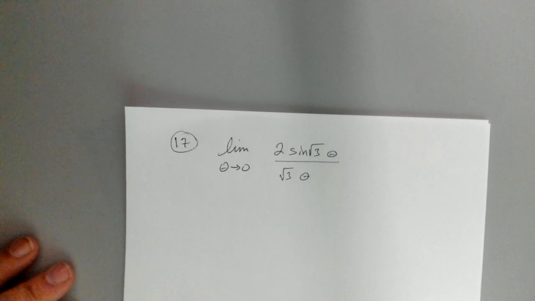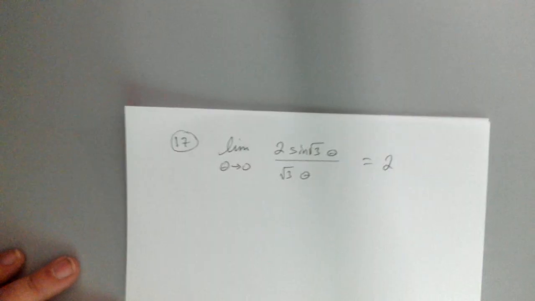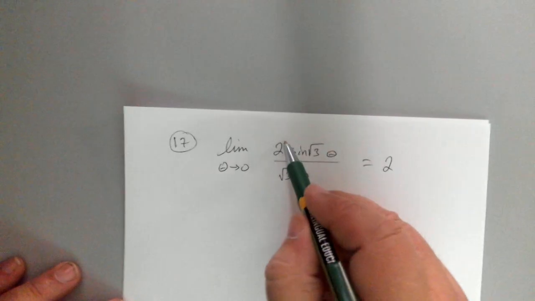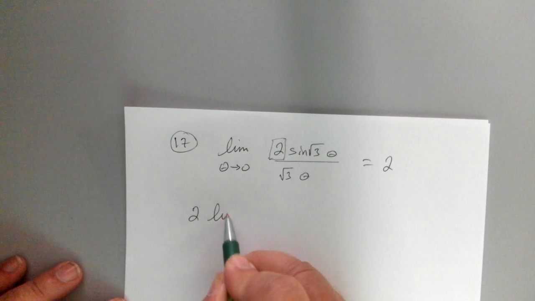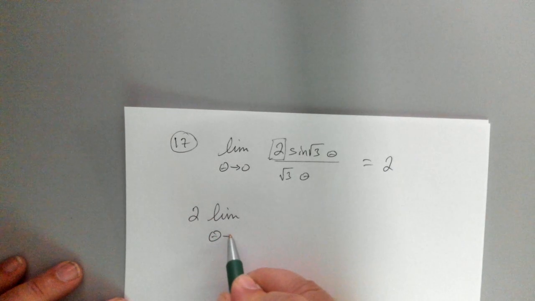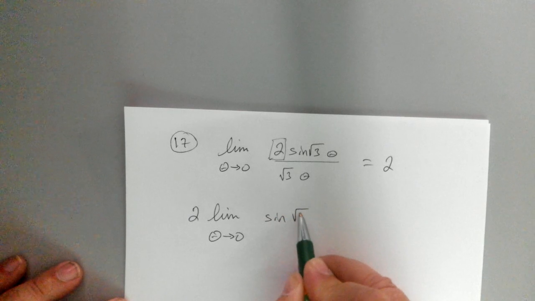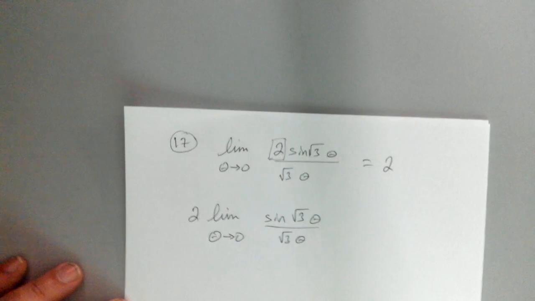So what's the answer to this one? Let's see how we got to it. This is a constant coefficient, so it can go outside the limit. And radical 3 theta over radical 3 theta.